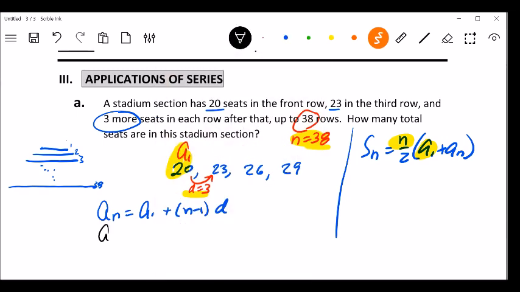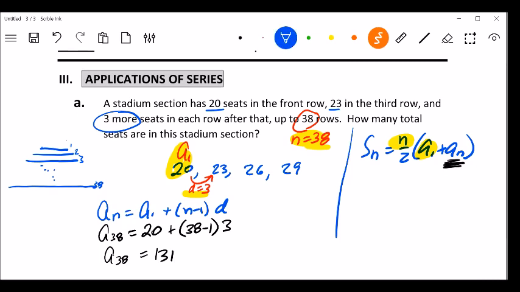So I don't know what the amount is at the 38th term, but I'll find it by using the first term, the number of terms, and the difference. So 38 minus 1 is 37, times 3, plus 20 comes to 131. So the amount of the 38th term is 131, and now we know what this is.